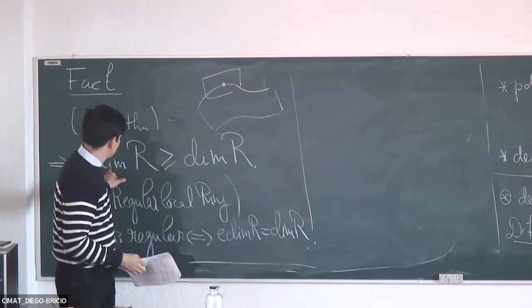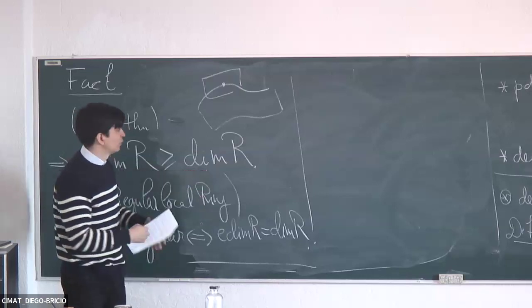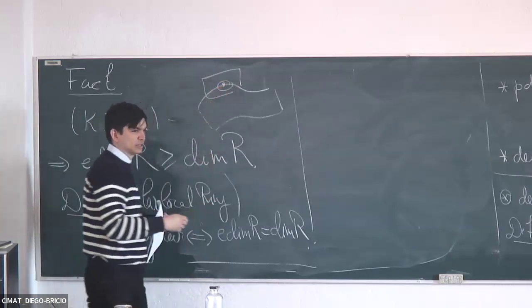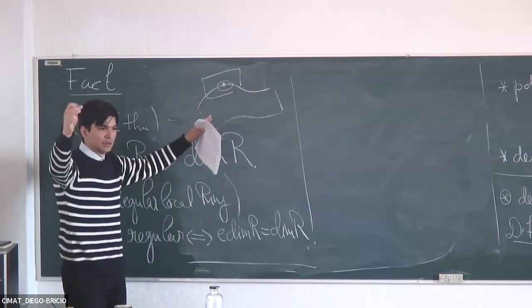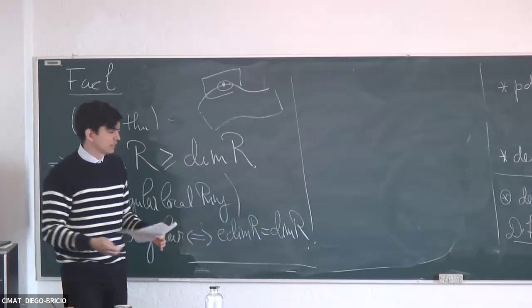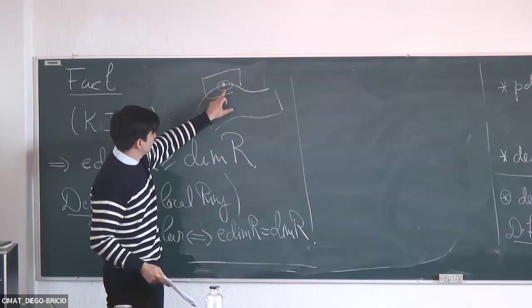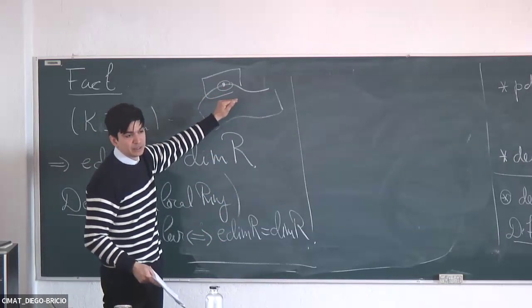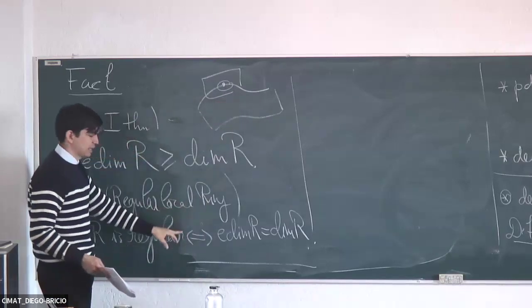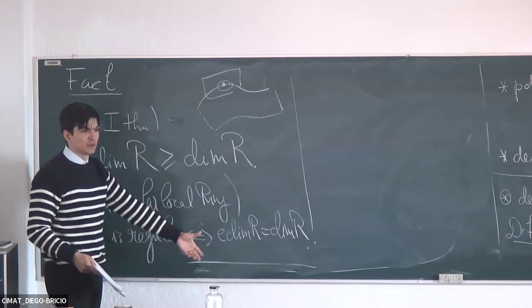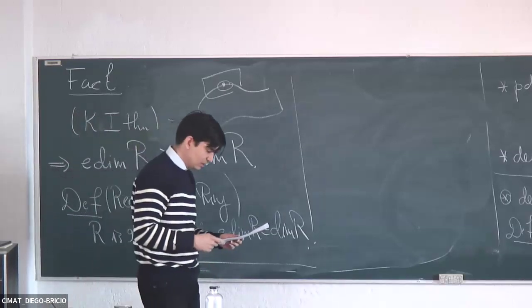The dimension of the tangent space will be larger than the dimension around that point. And if it goes up, it's because there is a singularity there. If these two things are equal, it means that your point can be approximated by a linear space of the same dimension. This is the intuition behind this definition and why it makes sense.